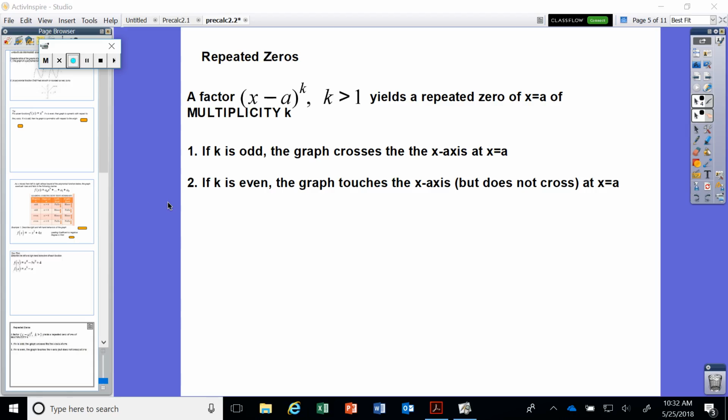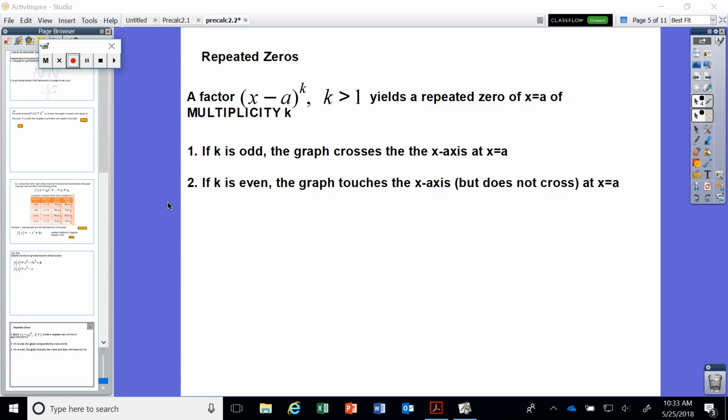or a solution to a polynomial function, there is more than one of the same solution. Now, it doesn't mean that it necessarily crosses over at x equals 1, for example, multiple times. What this shows is that it's the same zero happening multiple times, hence the multiplicity of it.